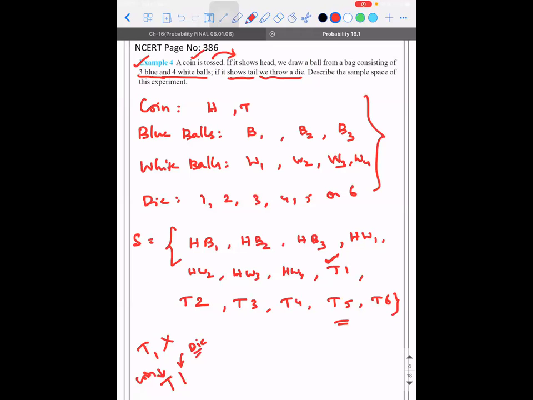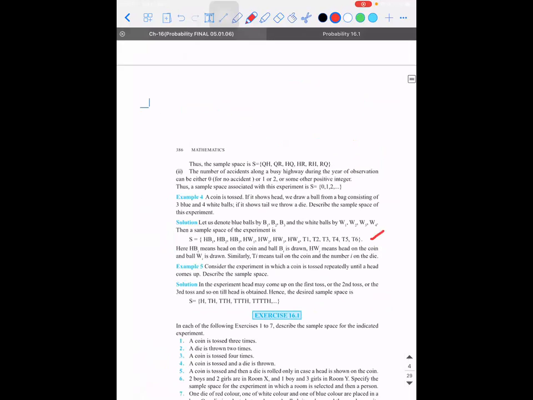I didn't write 1 as a suffix, I wrote 1 beside T. B1 stands for ball number 1, but T1 doesn't stand for tail number 1. T comes from the coin, 1 comes from the die. I hope it is clear.